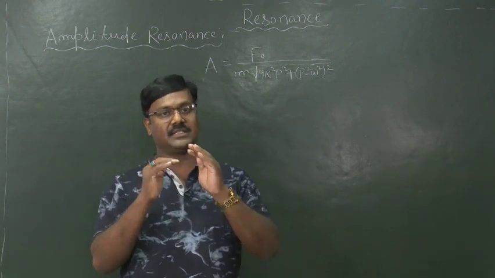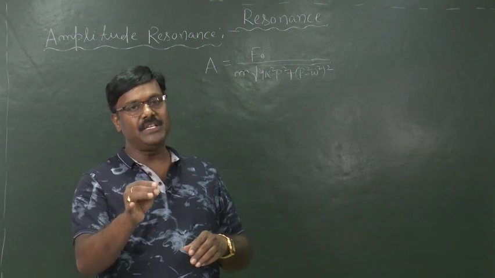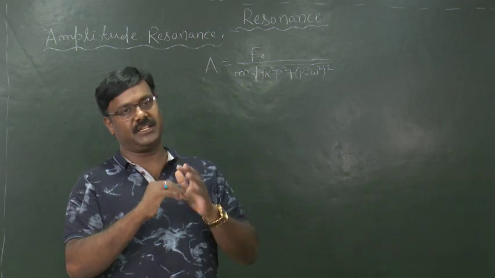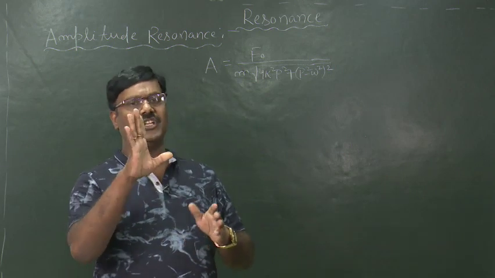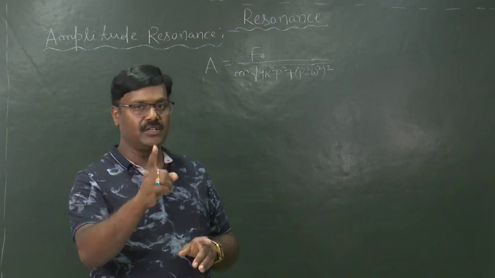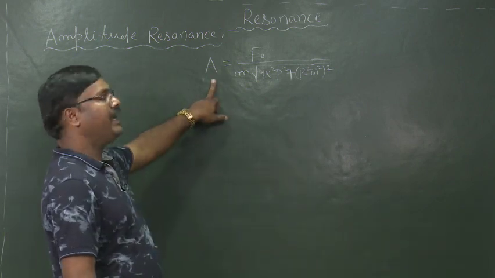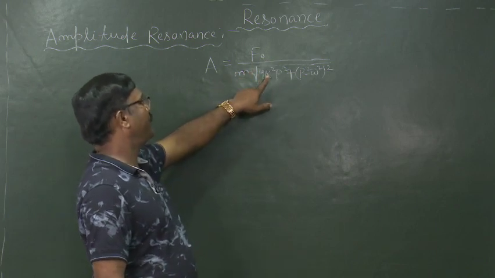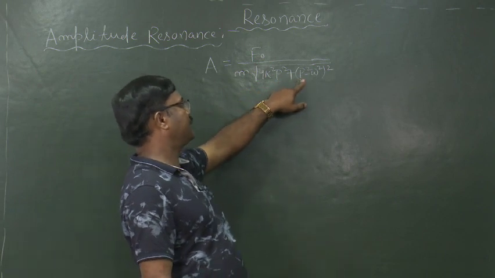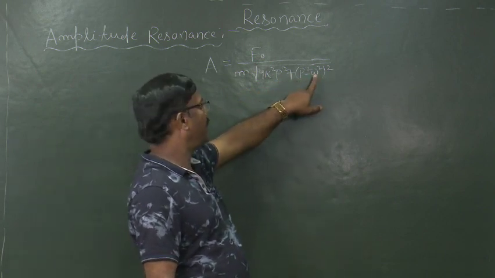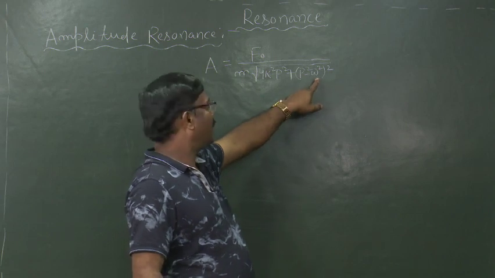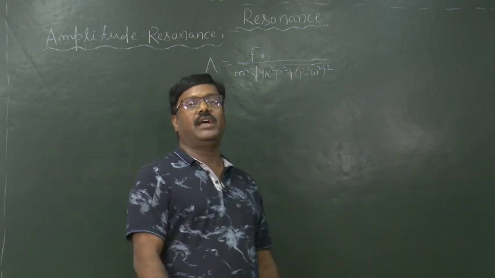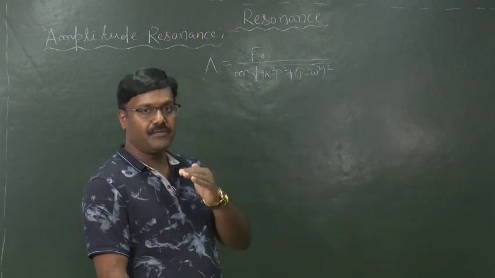So, let us calculate the amplitude of resonance. What we know in our previous discussion, in forced oscillation, the amplitude of oscillation is found to be A equal to F0 by m into root over of 4k square p square plus p square minus omega square whole square, where omega represents the angular frequency of the vibrating body and p represents the angular frequency of the applied periodic force.